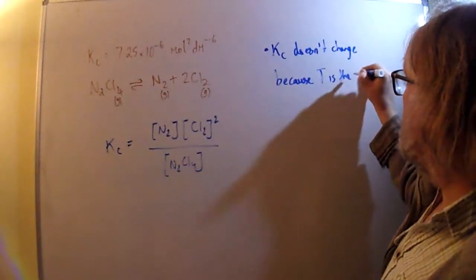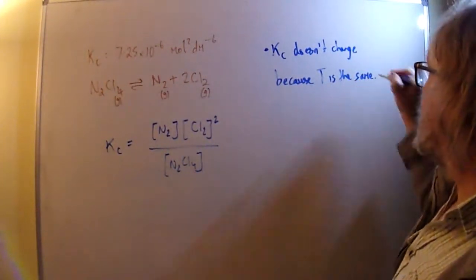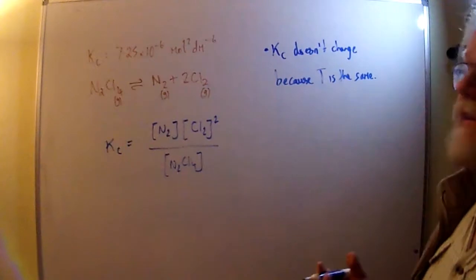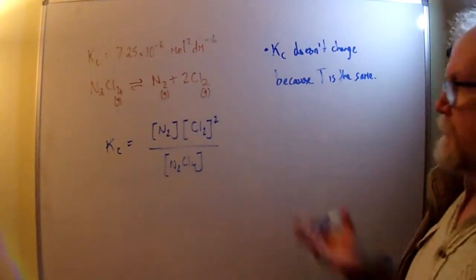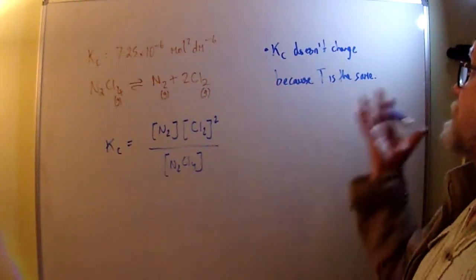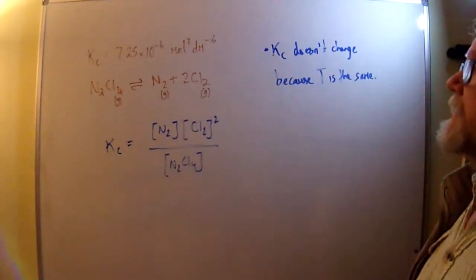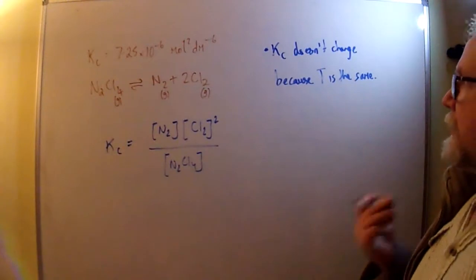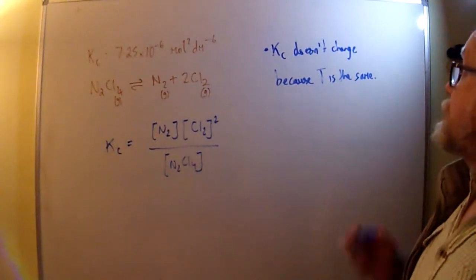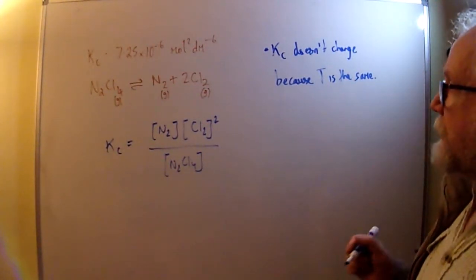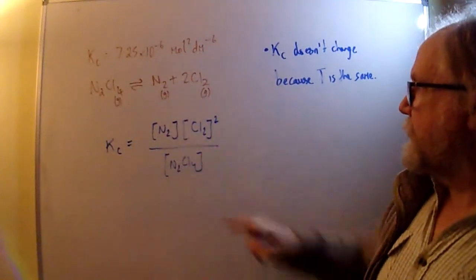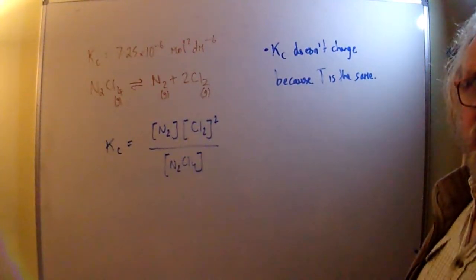And you will quite probably get a mark just for saying that, because that's the key to the whole thing. If Kc changed, then it would be a much harder question. So you've got to say that explicitly, not just imply it. You've got to say it. And then you think, okay, so what do we have to do to make sure that Kc doesn't change? And the way you think about that is think, what will happen to all of these concentrations if we increase the pressure?